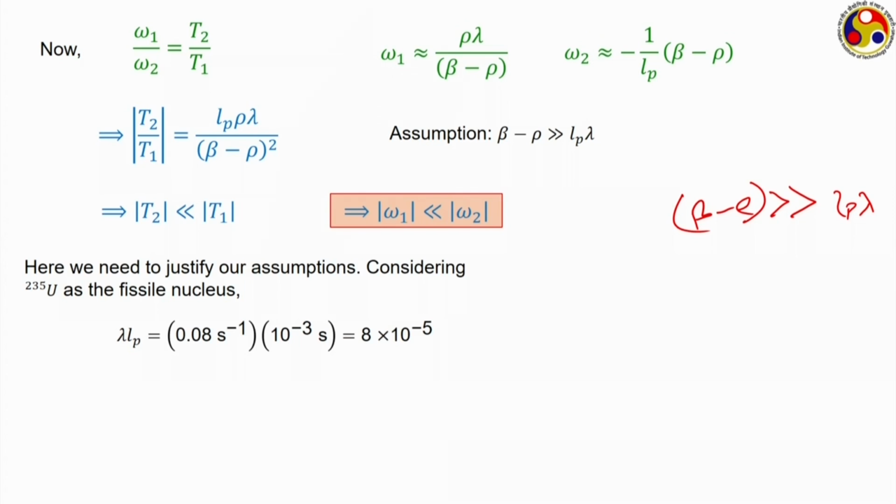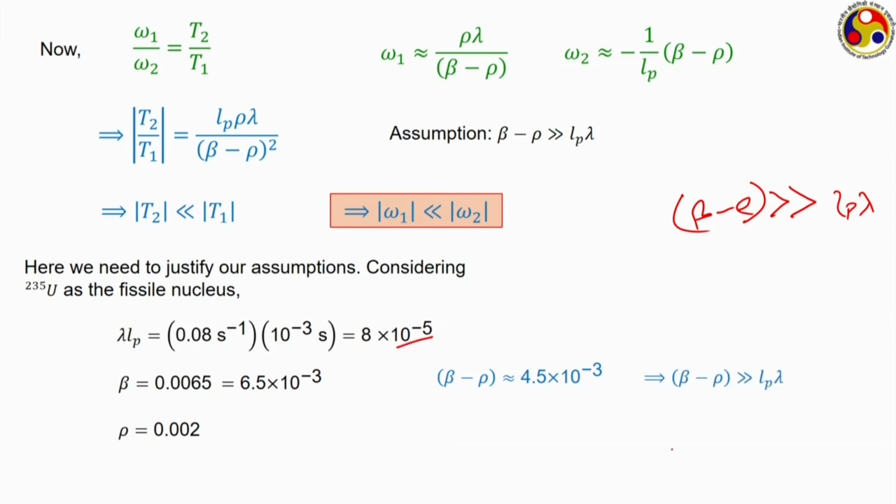So, the product of lambda and LP is of the order of 10 to the minus 5. Beta for uranium-235 is 0.0065, as shown earlier, and let us say rho is 0.002. Then beta minus rho is something like 4.5 into 10 to the minus 3, that is, of the order of 10 to the power minus 3. On the contrary, LP lambda is of the order of 10 to the minus 5, and therefore, we can clearly say that beta minus rho is definitely much larger than LP into lambda.